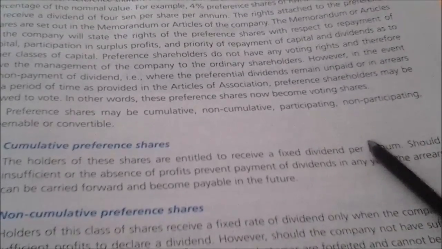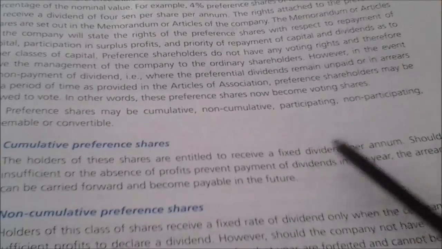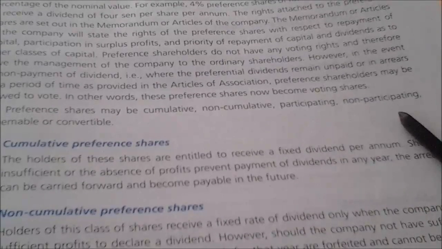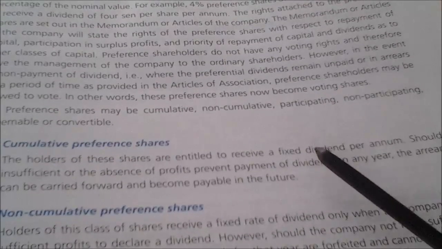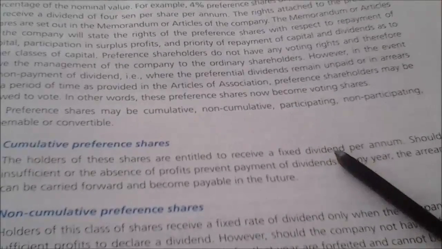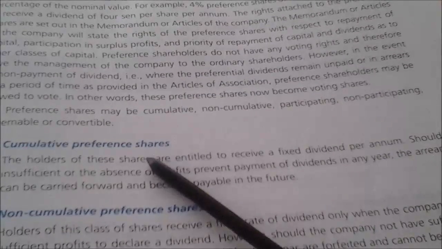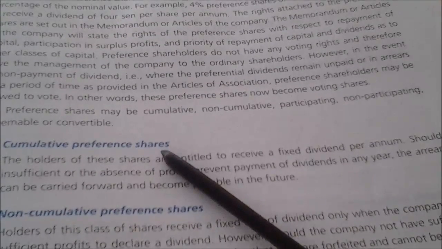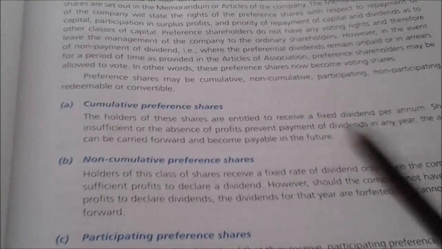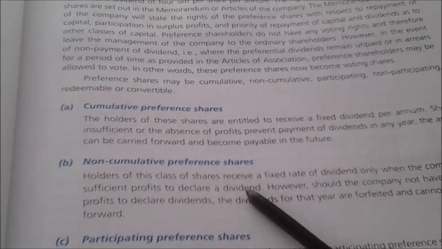So next year, they are entitled to receive the dividend that they were supposed to receive last year and the current year. But if the company is still unable to make the payment, then it will also be carried forward. That's why it's called cumulative preference shares. Non-cumulative will be the opposite.